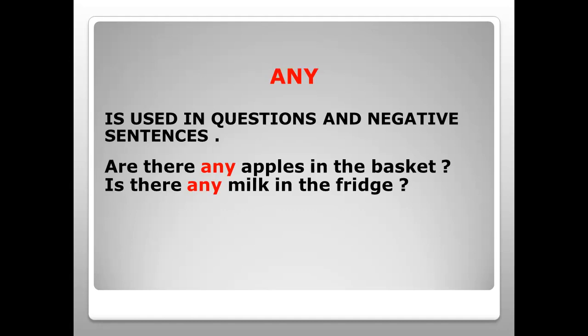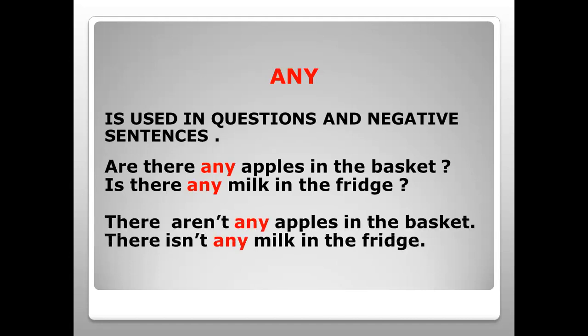Is there any milk in the fridge? So we can use any with questions. What about the negative? Yes, we can use any with negative too. For example, there aren't any apples in the basket.